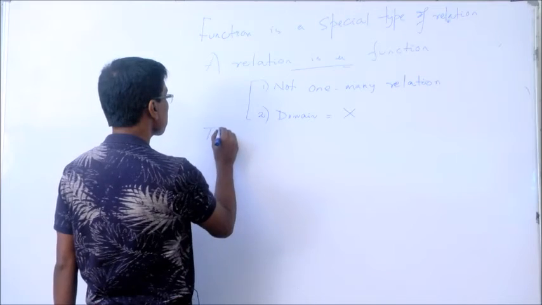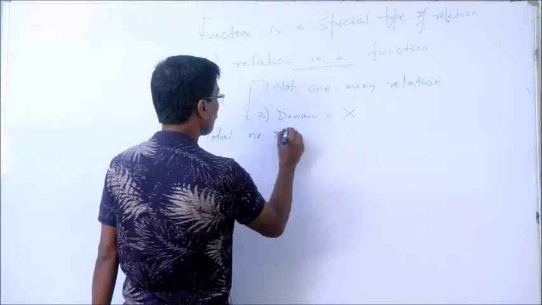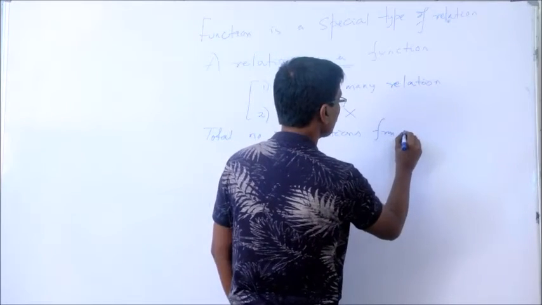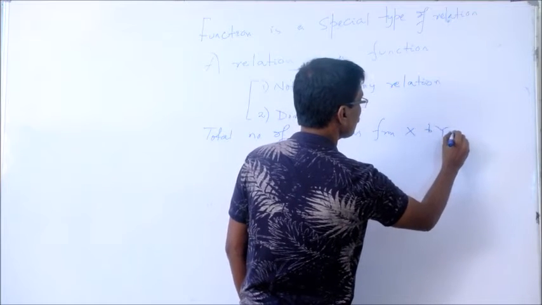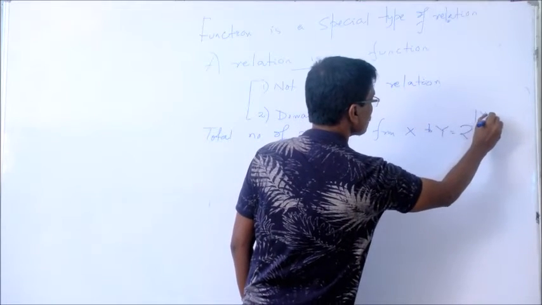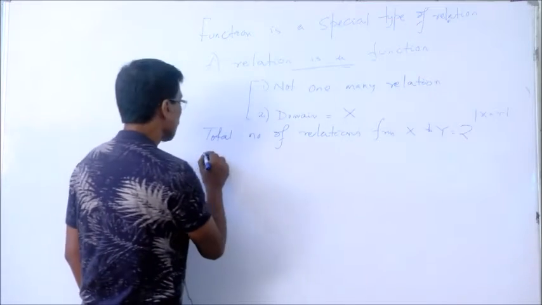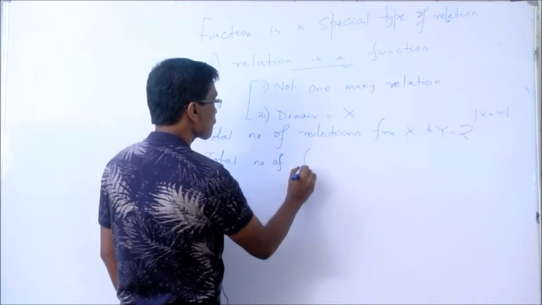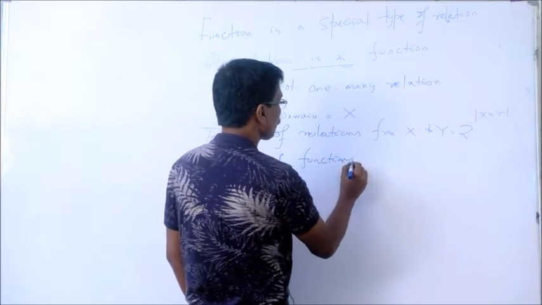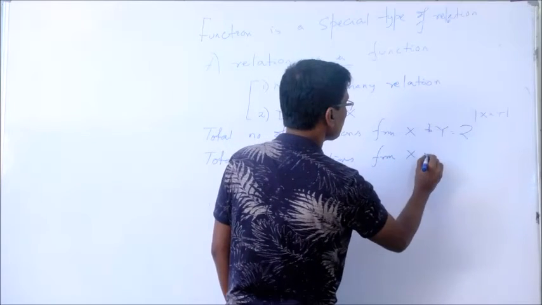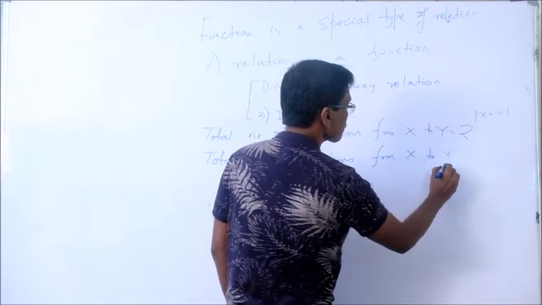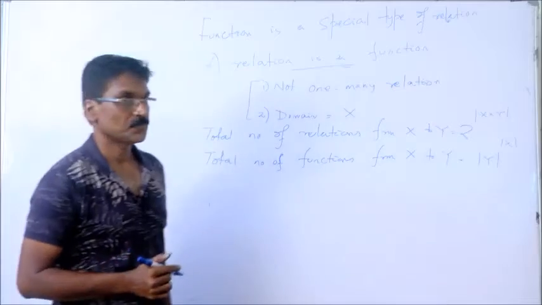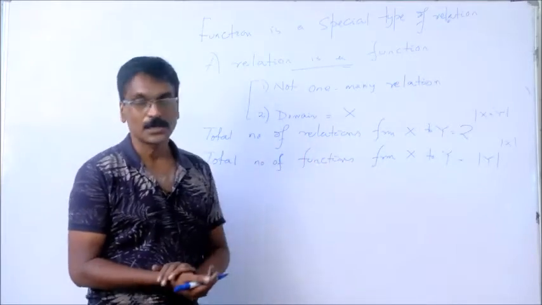We have the total number of relations from x to y equal to 2 to the power of the cardinality of x cross y, and the total number of functions from x to y is equal to y to the power x. So, this is the total number of functions from x to y.